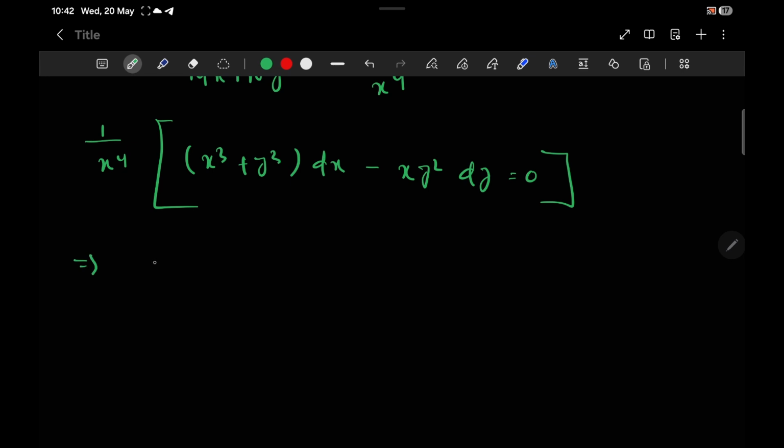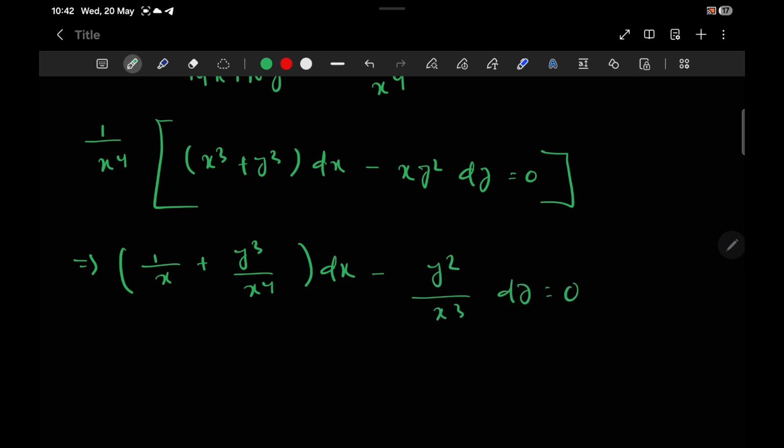Right, so (1/x + y^3/x^4) dx minus (y^2/x^3) dy is equal to 0.